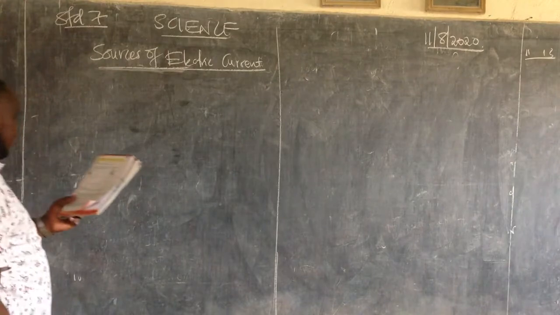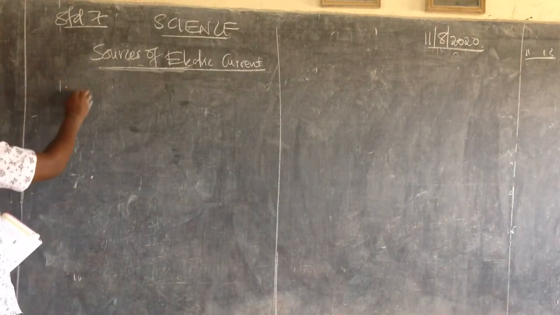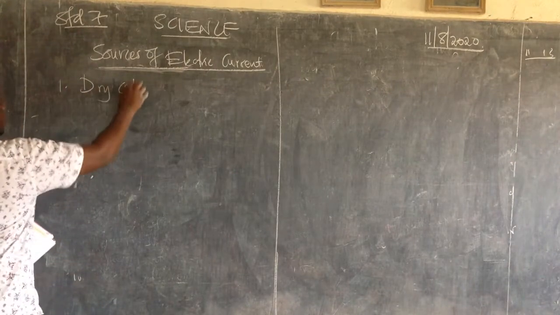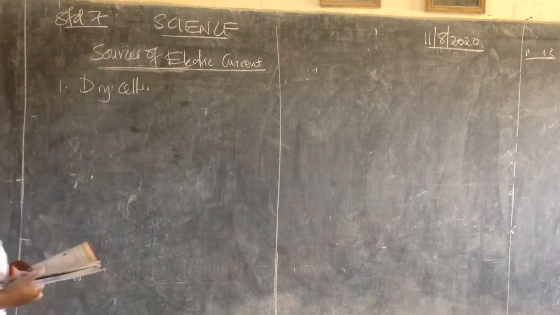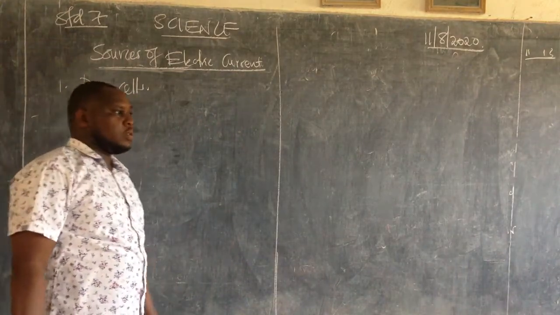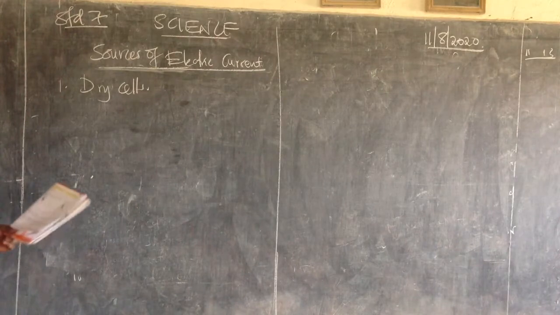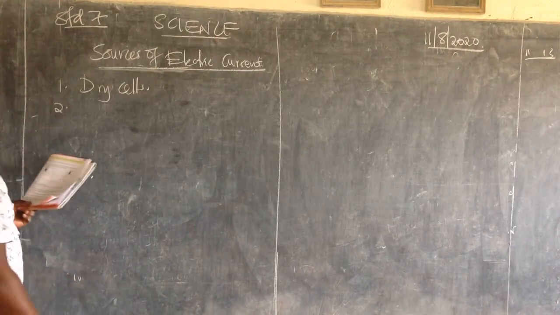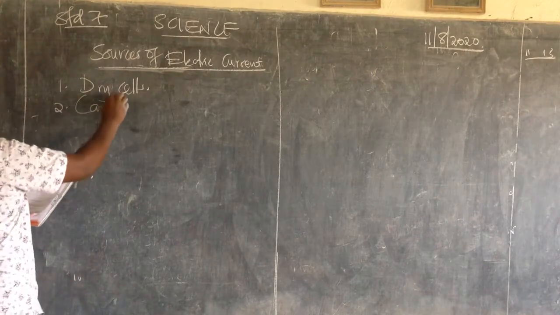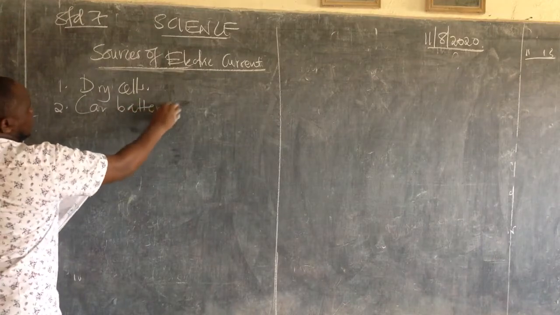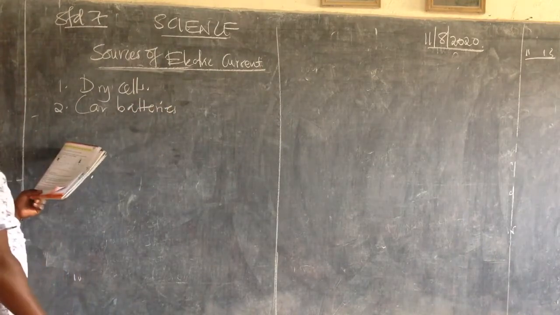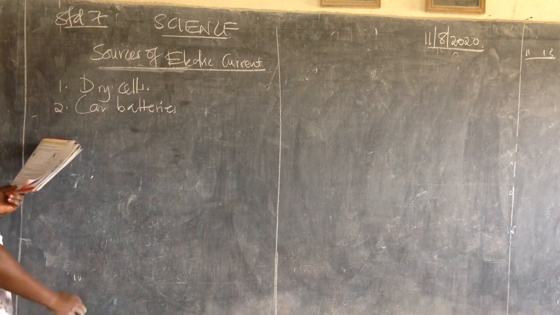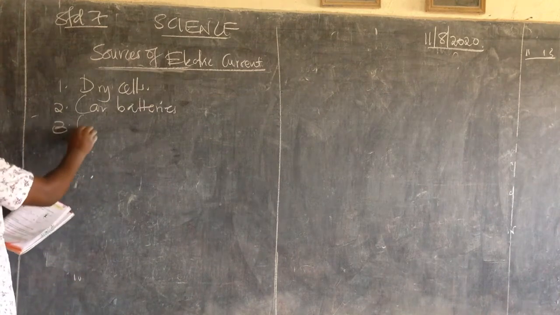So number one, of course, I mentioned dry cells. Dry cells are sources of current or electric current. Number two, we have car batteries. Then number three, we have generators.